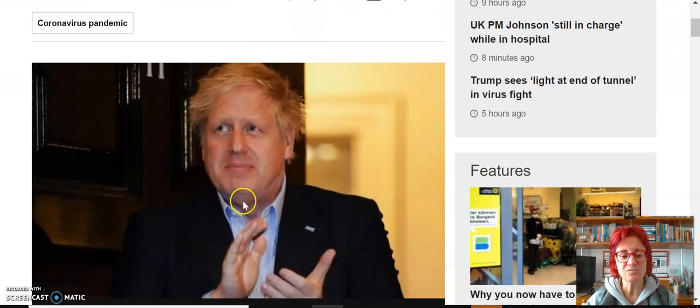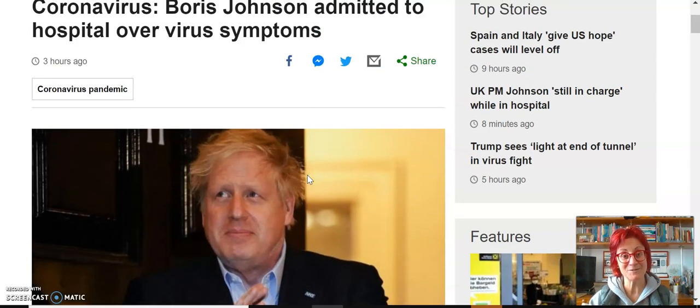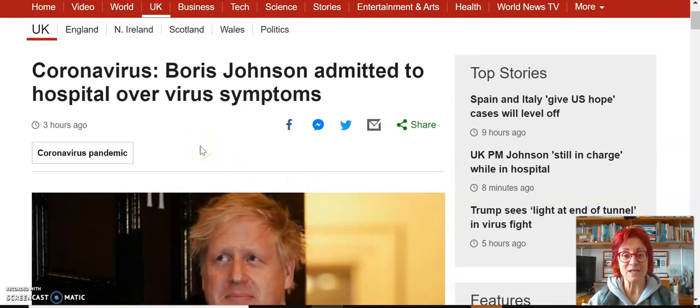Okay, so can you recognize this man? He's Boris Johnson. Good, the Prime Minister of the United Kingdom. So he was admitted to hospital over his symptoms. He has been suffering from, or he has been having these symptoms, persistent symptoms, so they decided to admit him to hospital.